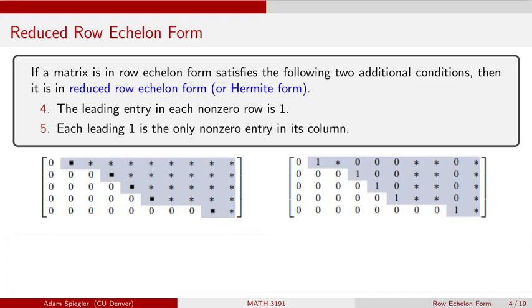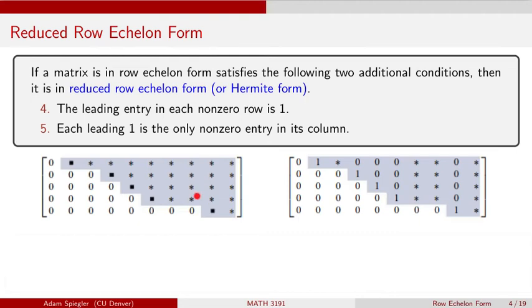And lastly, if in addition to the previous three properties, we add 2 more, and we have seen why these might be useful when solving linear systems, that if we also require that each leading entry in a row is 1, and that not only below each leading entry we have zeros, but we also require all 0 entries above each of these leading entries, then the matrix is what is called reduced row echelon form, or what might be called Hermite form.